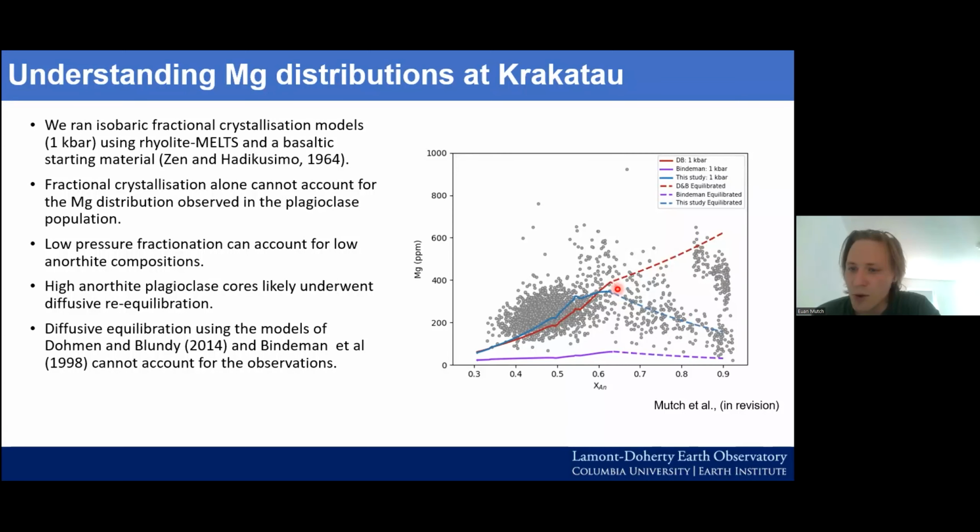And so what we find is that our model fits this distribution really well. The Dohmen and Blundy model fails to fit this distribution because the slope is the wrong sign. And finally, the Bindeman model has the correct shape, but it's displaced downwards.